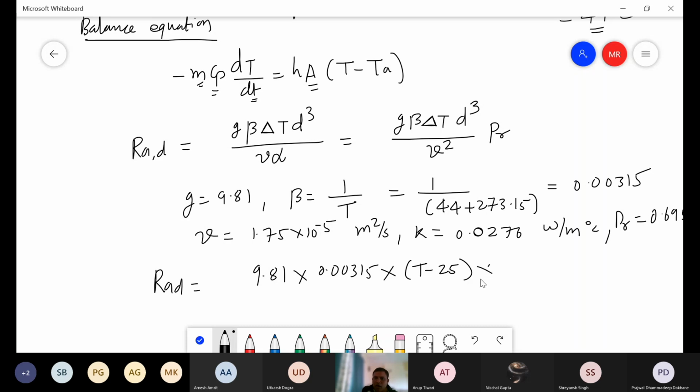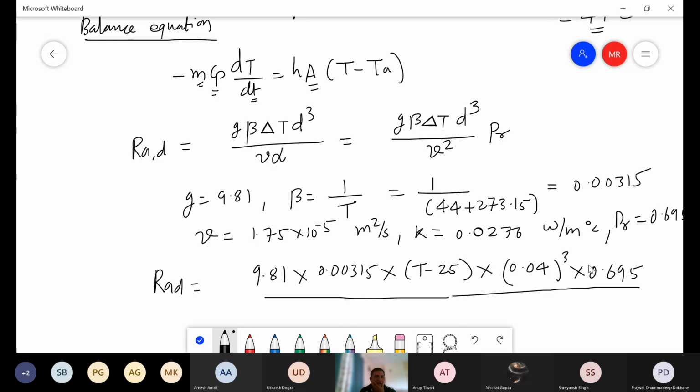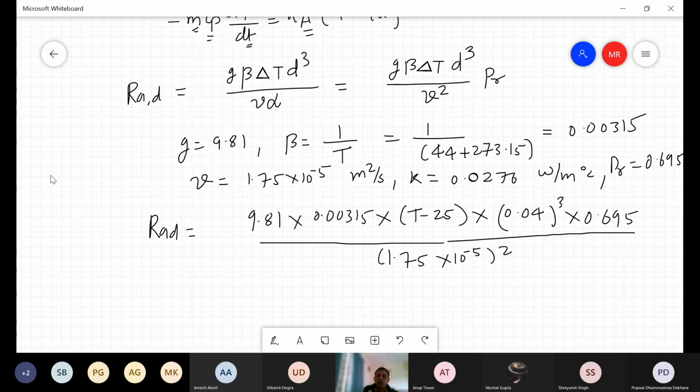Diameter of the ball is also given, 4 centimeter, so 0.04 cubed into Prandtl number 0.695 divided by nu square, so 1.75 into 10 raised to power minus 5 squared. Okay, is it clear to everyone what we are doing?